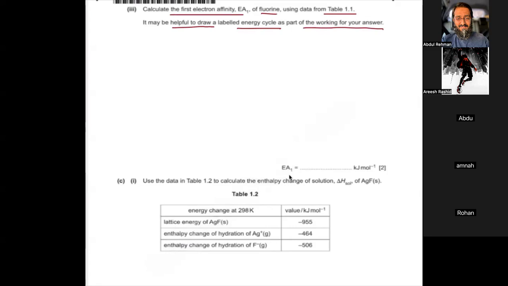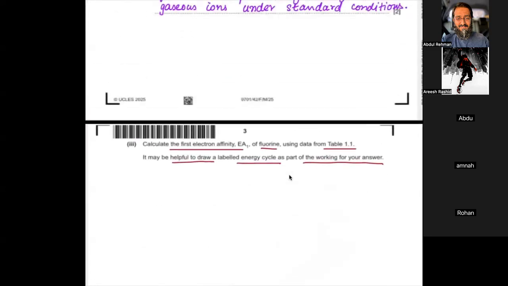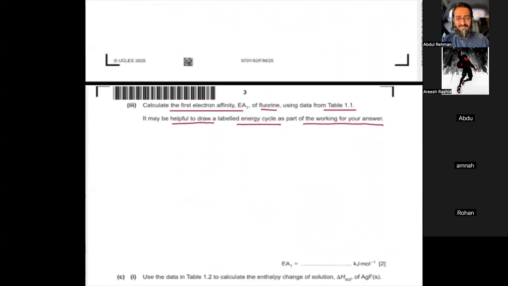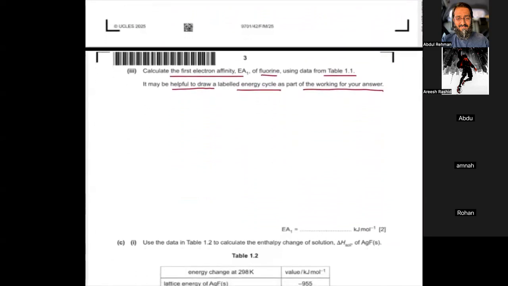We can make the labeled energy cycle, and it will be very easy if you make the Hess cycle and then make the mathematical expression from it, so you can easily solve it. So what they are asking you to calculate is the first electron affinity of fluorine, right?